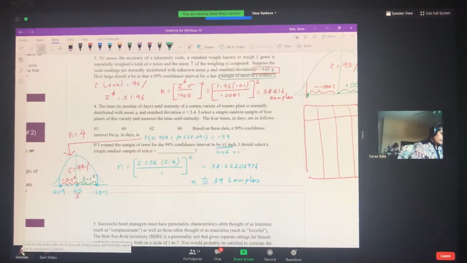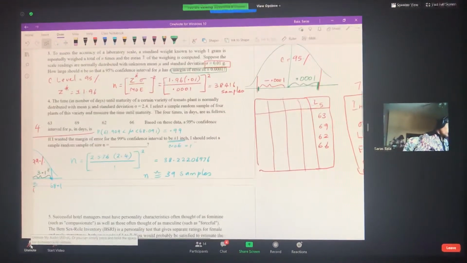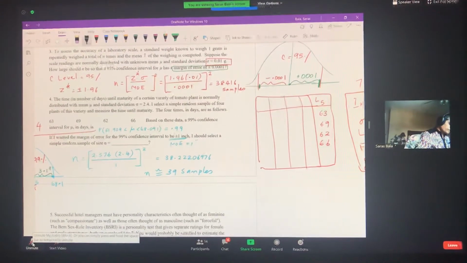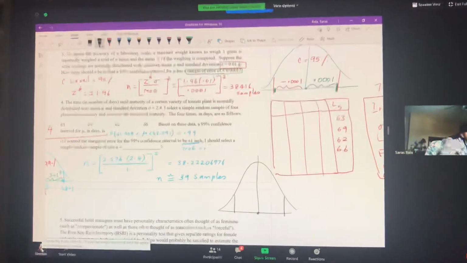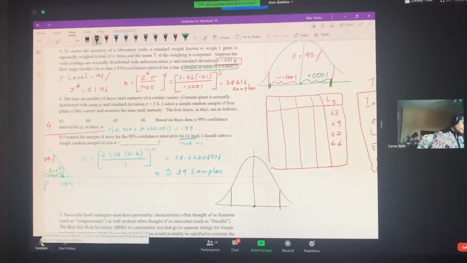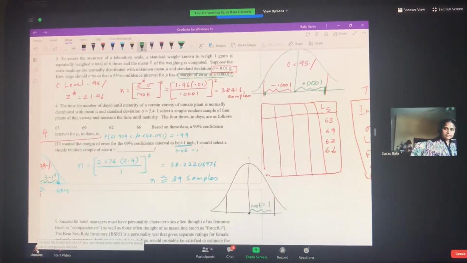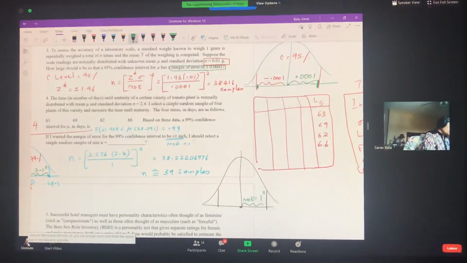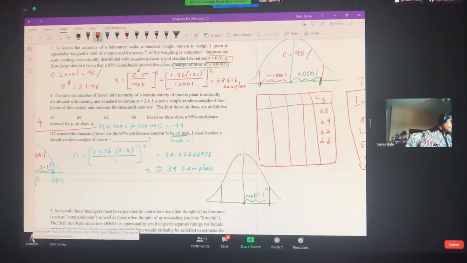So now the other diagram that I'm going to be drawing here is, with the 1 inch margin of error, the margin of error is going to be 1 inch. If you are fixing this number, then your sample should be close to 40.